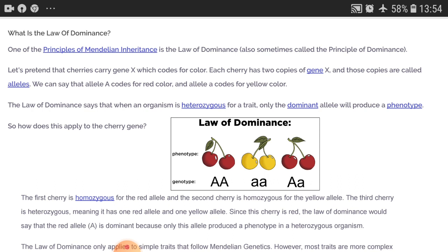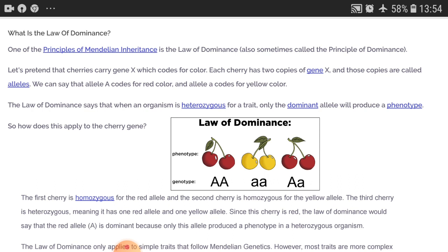Now, this law of dominance says that when an organism is heterozygous for a trait, then only the dominant allele will produce the phenotype.